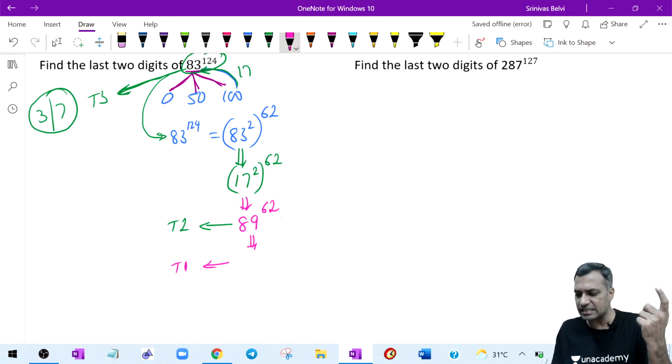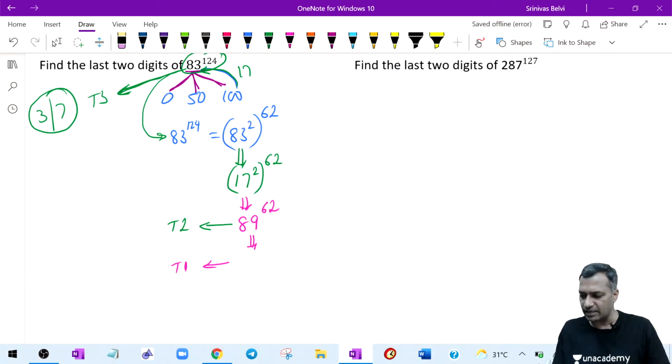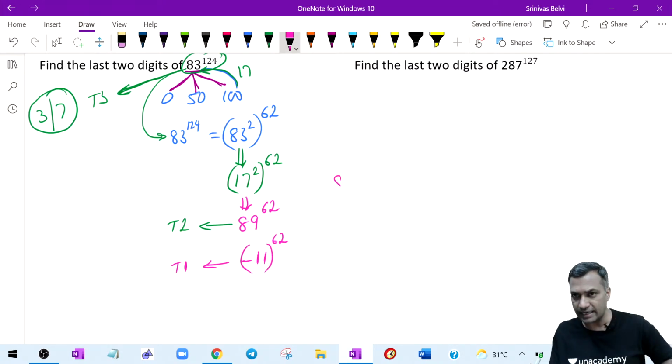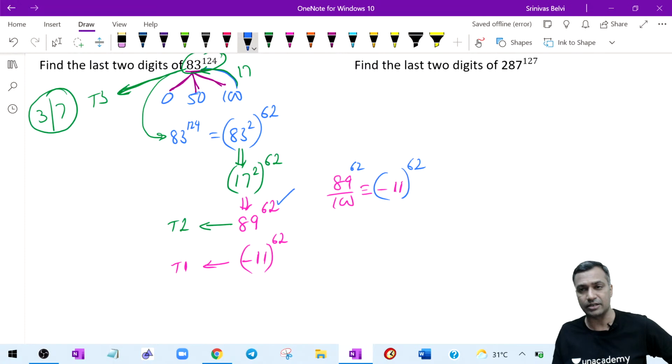You know that the divisor is 100. 89 divided by 100: intentionally, you write a negative number, minus 11 raised to power 62. Intermediate step: how did I get this? 89 divided by 100, the negative remainder is minus 11. But the author said, I am not asking 89, I am asking 89 raised to power 62. Sure, I did this: 11 raised to power 62. So it has become a type 1 problem.